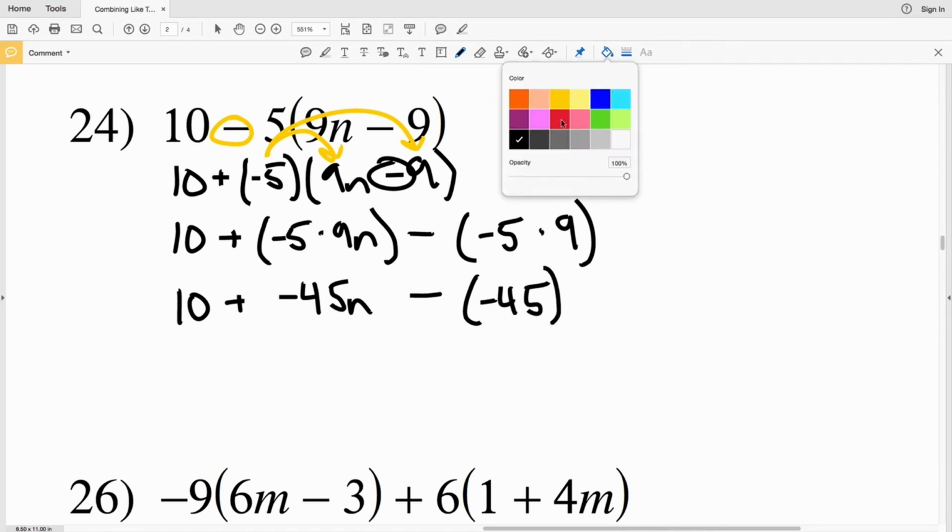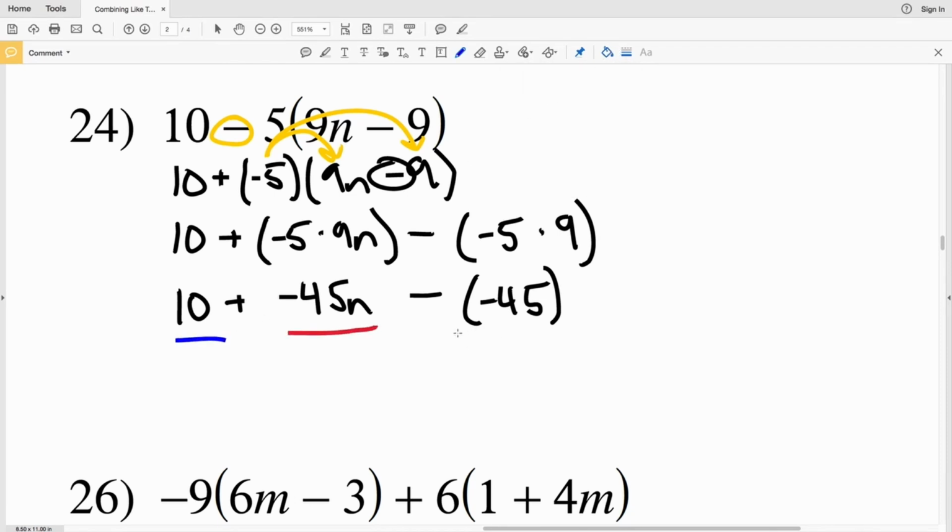Combine the like terms, so we have negative 45n by itself, but we can combine 10 and this minus negative 45, which is really adding a positive 45.